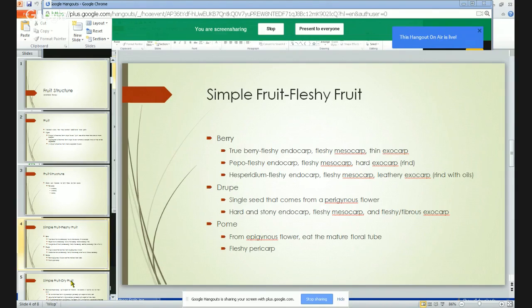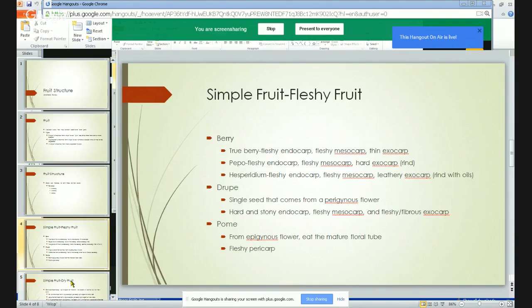And then obviously with some squashes you would take off that rind-like exocarp. So a little bit more structure, I guess you could say, with those exocarps.